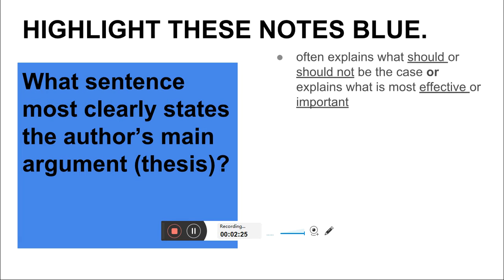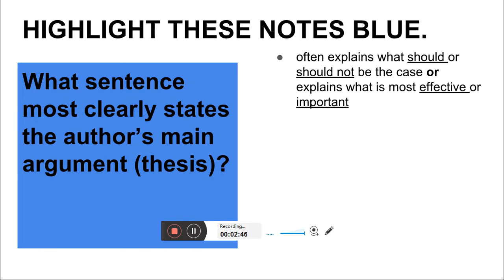So here are some notes about that. Often this statement explains what should or should not be the case. Or sometimes the argument is explaining what is most effective or important. But it's making some sort of argumentative stance, right?